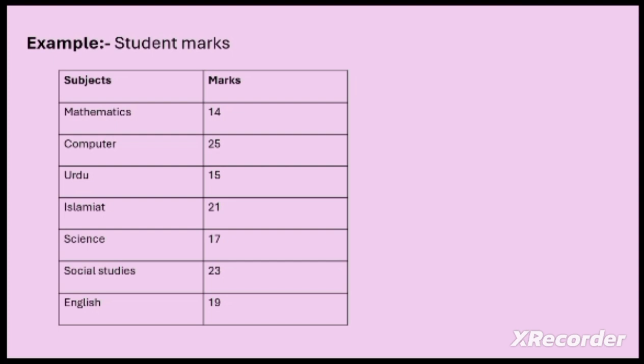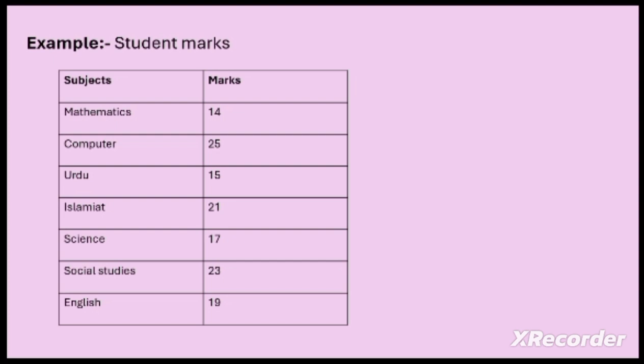Now as you can see, the total number of entries over here is 7, and 7 is an odd number.